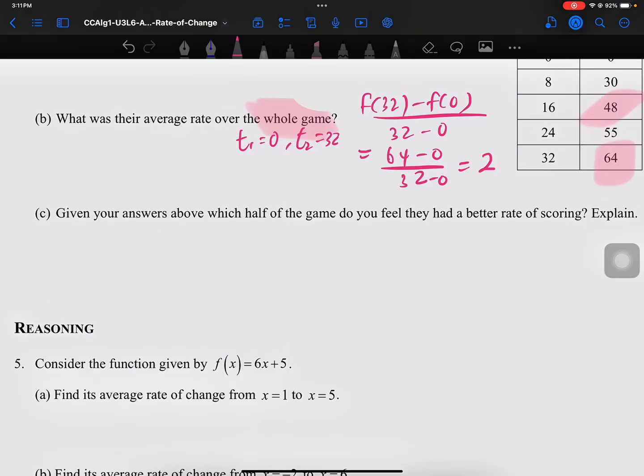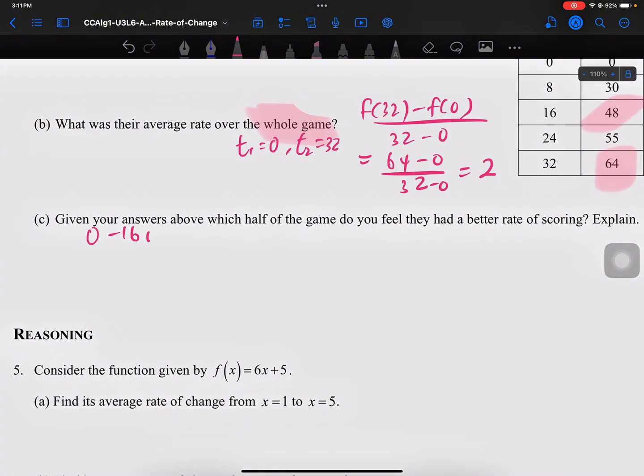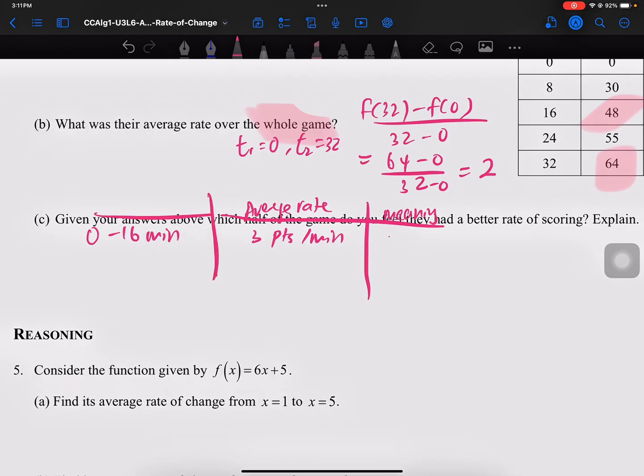So the answer should be, we know that from 0 to 16 minutes, the average rate is 3 points per minute, meaning faster scoring, good performance.